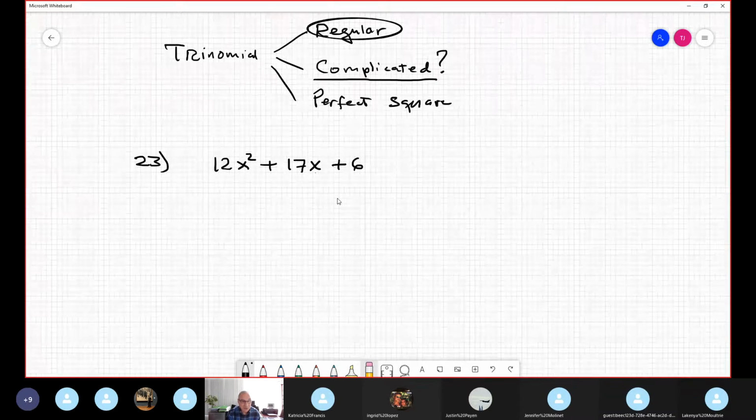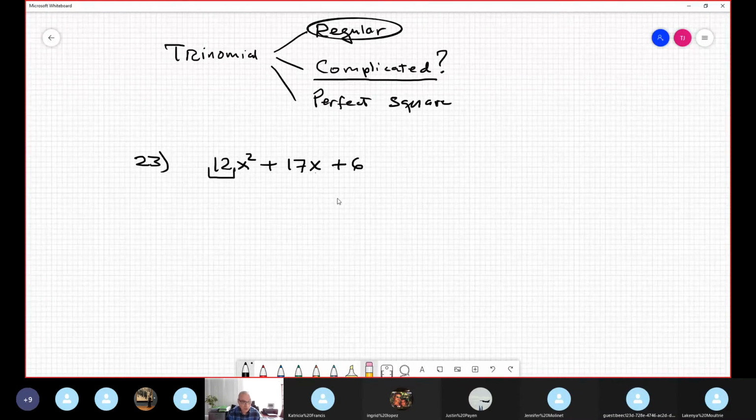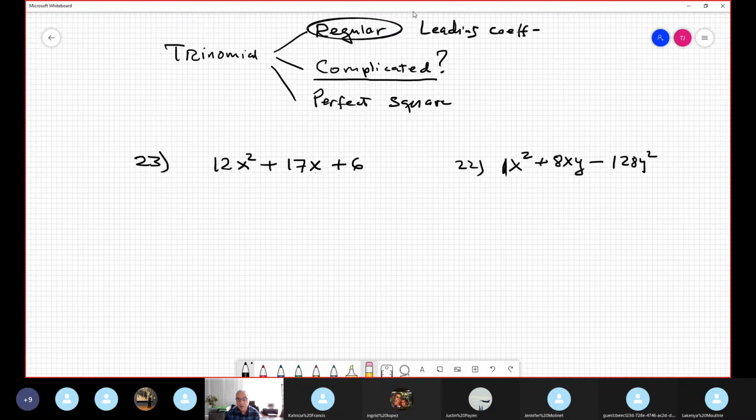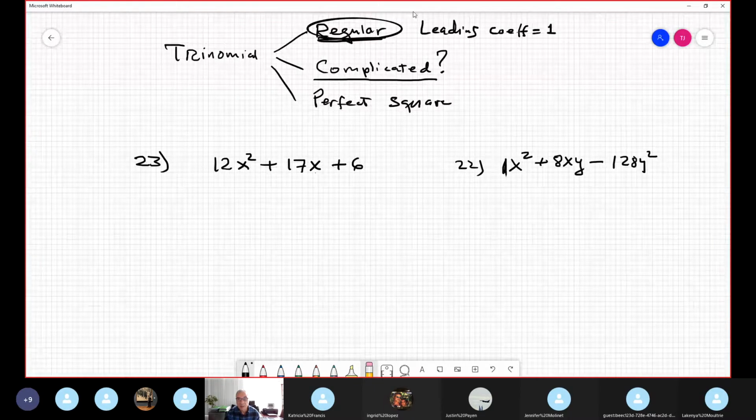Because the coefficient in front of the first term is not 1. Notice that the problem that we are doing before, suppose I pick 22, is x squared plus 8xy minus 128y squared. You see that this coefficient is 1. When the leading coefficient is equal to 1, immediately you recognize it's regular. And this is super easy.